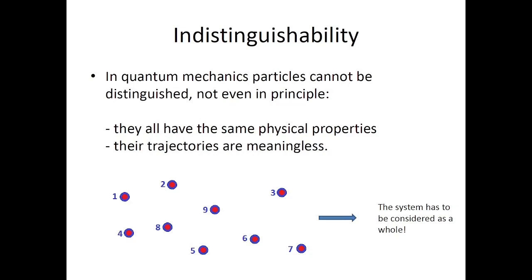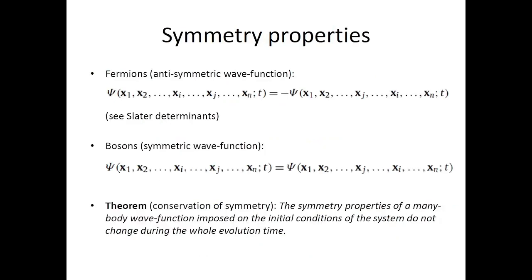And for the very same reason, their trajectories are meaningless, because we cannot follow trajectories of particles which are indistinguishable. So the quantum many-body system, at the very end, has to be considered as a whole. We are going to see what this means in the context of signed particles.